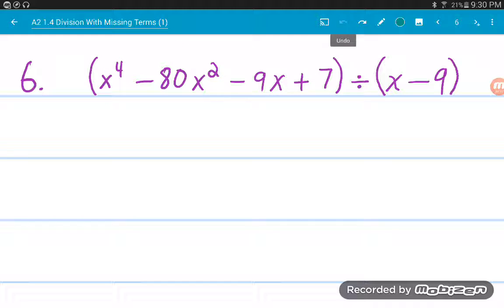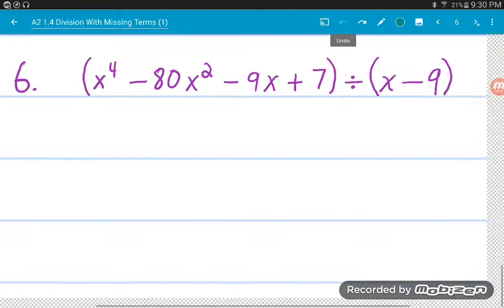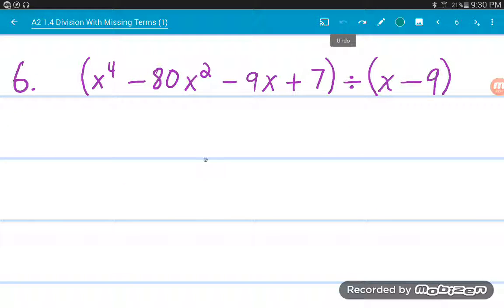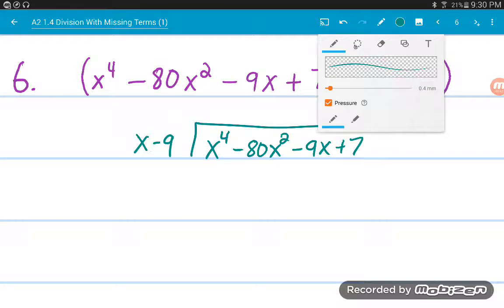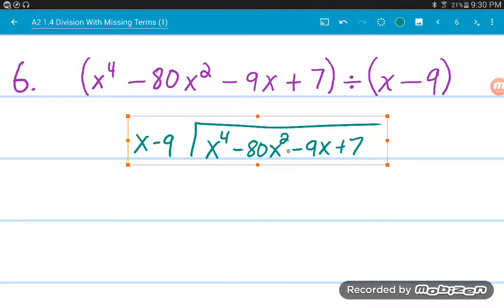So what happens with the missing term if we set it up for actual division? We've got x to the fourth minus 80x squared minus 9x plus 7 being divided by x minus 9.